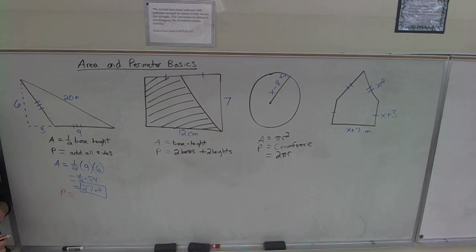So what's the perimeter of this guy? That should be really easy. 29, right? Those 2 is 29 plus what? 6. Is that one of the actual sides? Oh no. What do these 3 little marks mean?